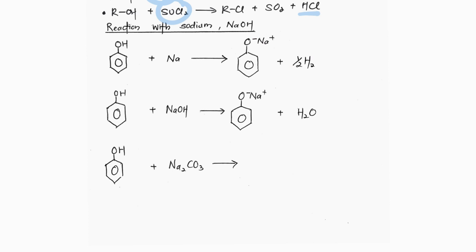Next, phenol reacts with NaOH to give a salt plus H2O. The observation for this reaction is that phenol will dissolve. But there will be no reaction for phenol with sodium carbonate.